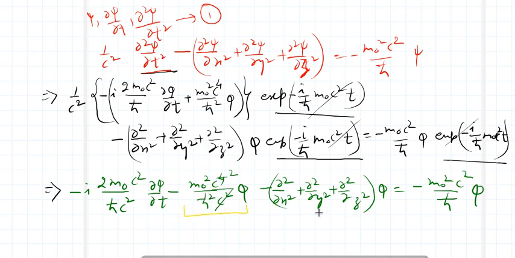Now these two are equal and opposite, that's why they will also cancel out, and this c² will cancel out with it.